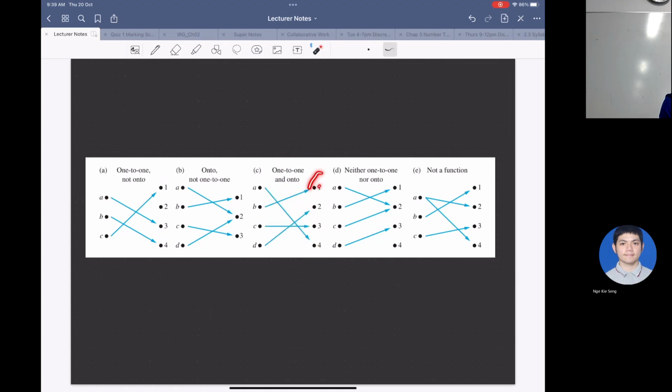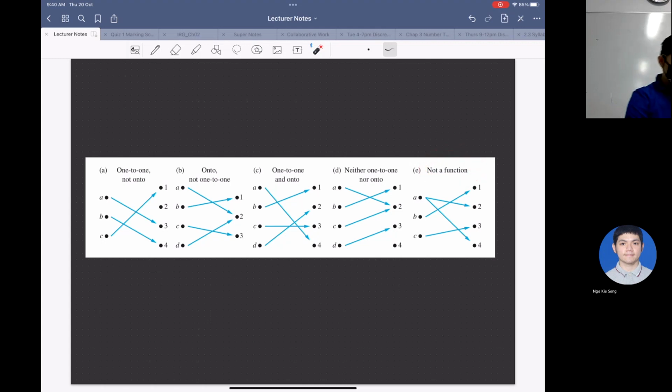And also every element in the codomain has a pre-image. In the neither case, there's one element in the codomain that doesn't have a pre-image, and also A and C get sent to the same image. This one is not a function, okay?